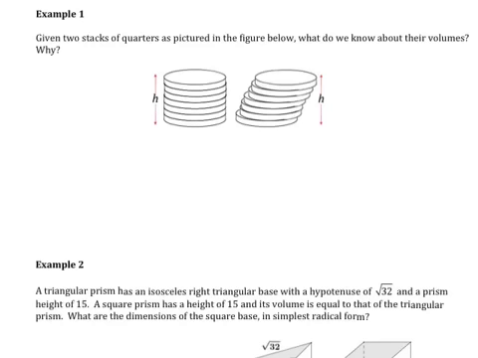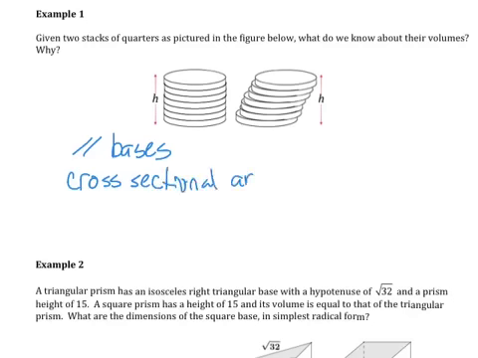And again, here's why. We have parallel bases, and cross-sectional areas that are equal at every level. They don't even have to be congruent cross sections. So parallel bases, cross-sectional areas are equal, and the same height.